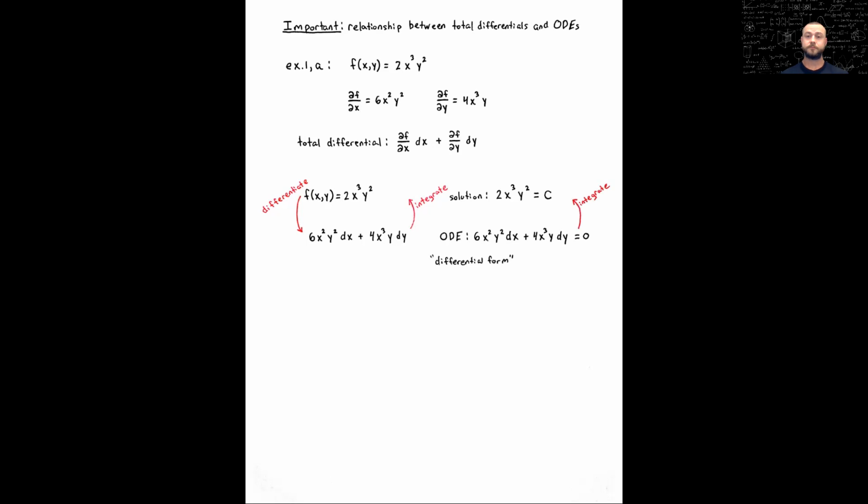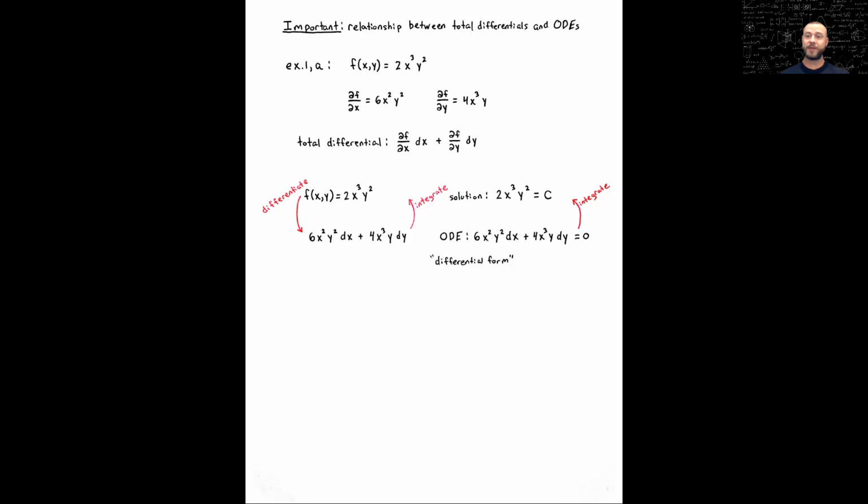Now I realize this might seem confusing, but if you're keeping track and following along, if we have that ODE in differential form, the solution is the original function that we started with to get those partial derivatives. 2x cubed y squared.